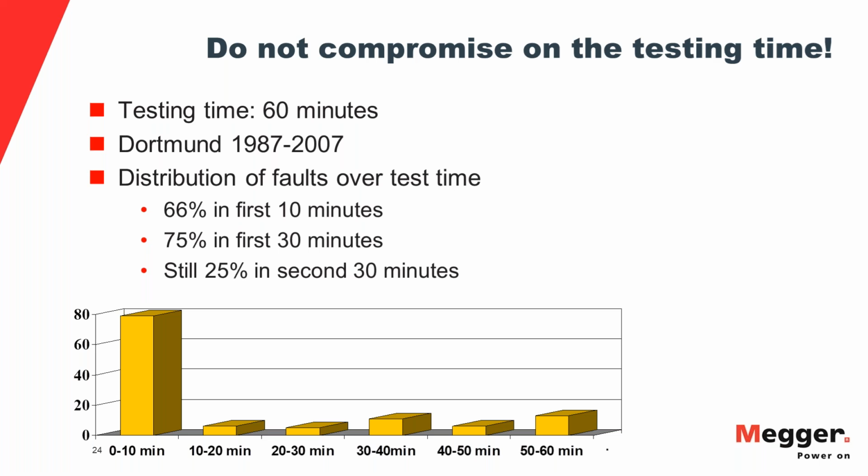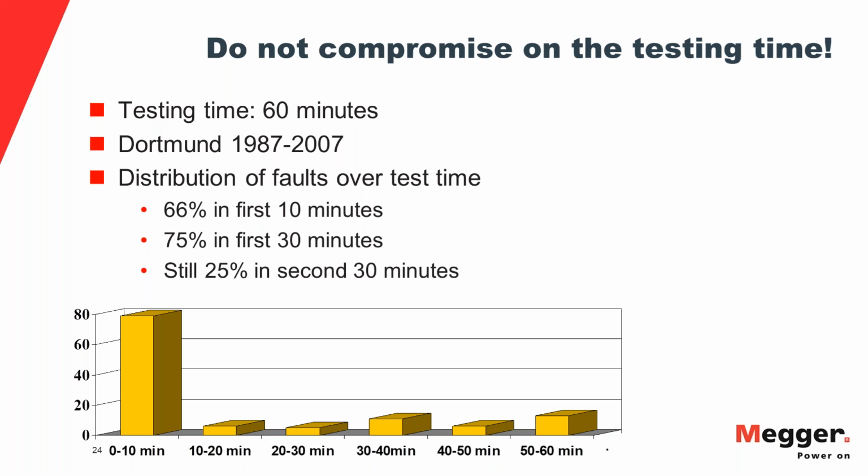And when you look at the distribution of failures, you see that still in the second 30 minutes, 25% of the failures occurred. So if you stop at 30 minutes, for instance, at a serviced age cable, it's not so critical on an acceptance test on a new cable, because those cables are typically not severely aged and damaged in terms of the main insulation, but on serviced age cables.